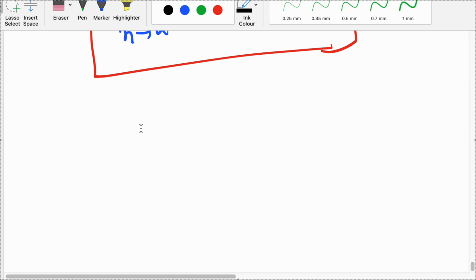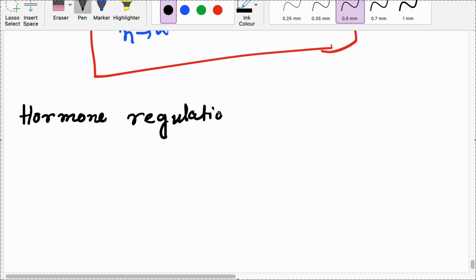I said that I will show you how to map, so let me first do that: how to map hormone regulation in the endocrine system.